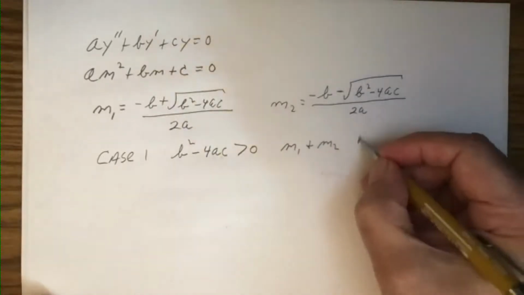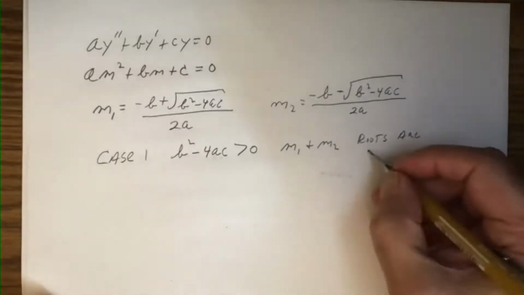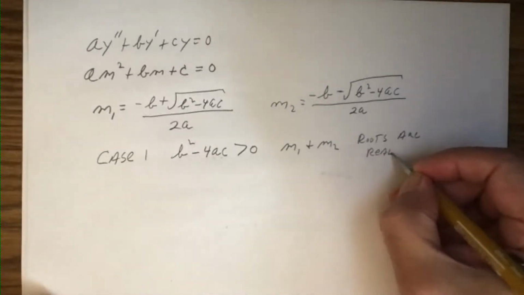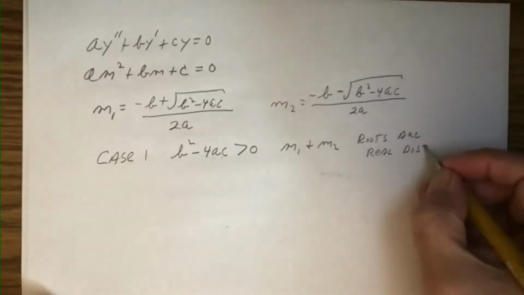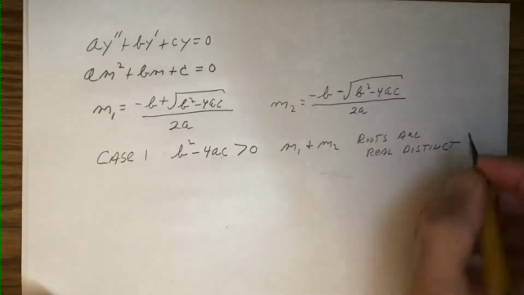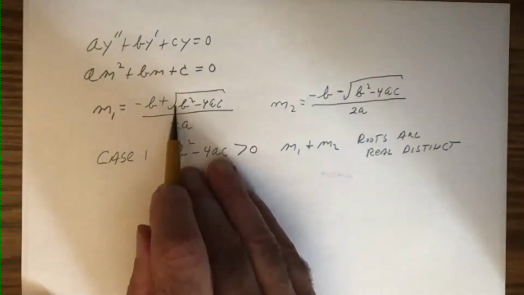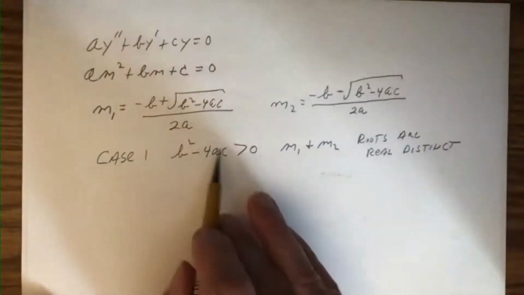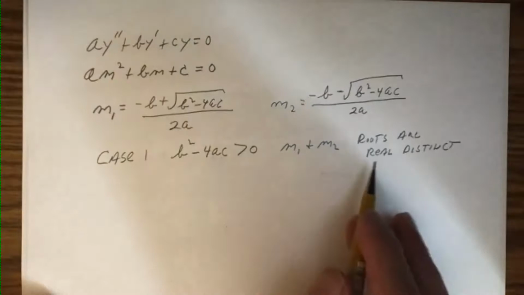So the roots in this case are real and they're distinct, because I'm going to get different values for m1 and m2. So I get two real roots that are distinct.